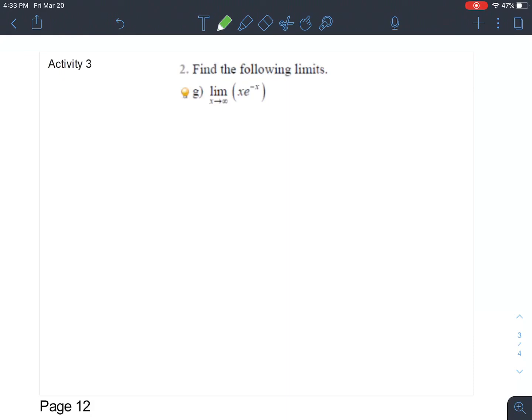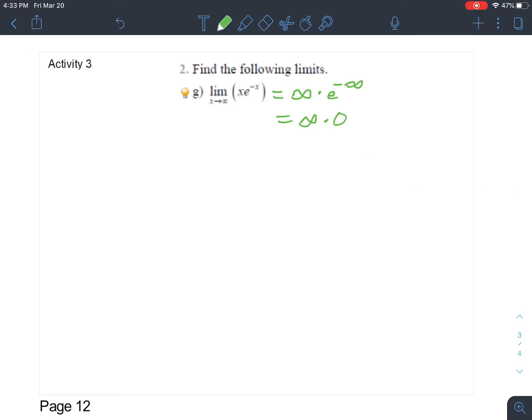So what we should do first is show that this is going to be indeterminate. If we put in infinity, we're going to get infinity times e to the negative infinity. Be careful with that. That's 1 over e to the infinity, which becomes 1 over infinity, which becomes 0. We would have infinity times 0. So yes, that is indeterminate.